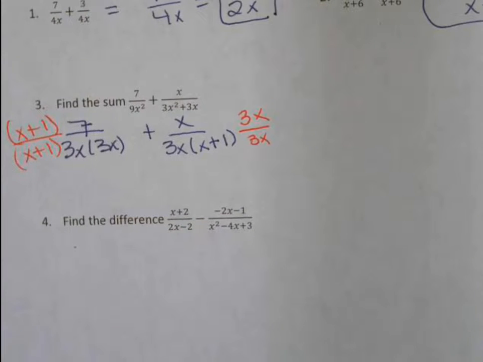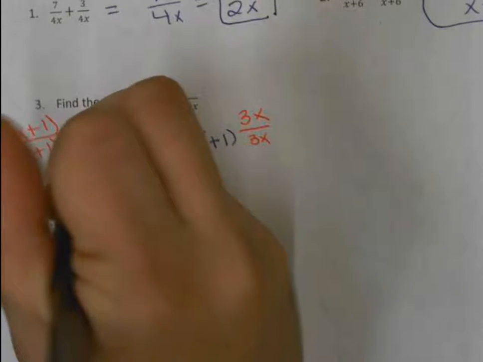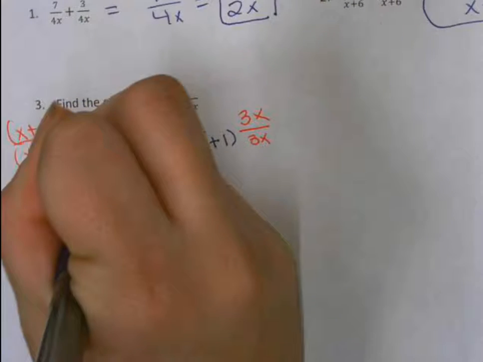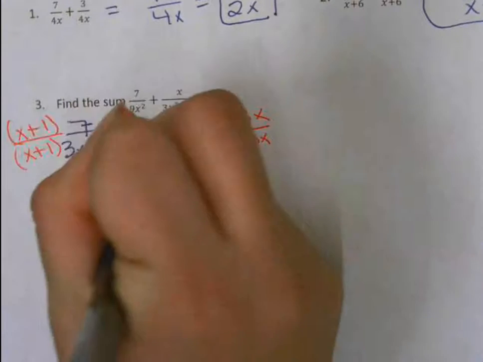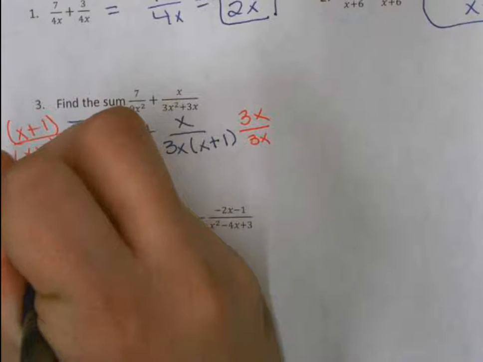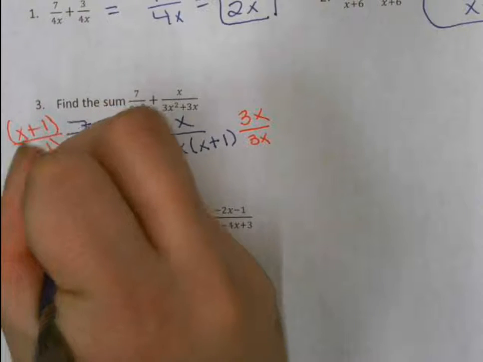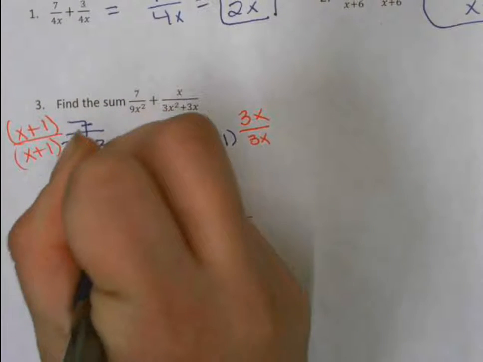Okay. Then for these ones, it's going to be kind of weird. I'm going to multiply straight across on my numerators and distribute, but on the denominators, I'm going to leave them factored. So I'm going to have 7x plus 7 on the top of the first one, and then I'm going to write 3x, x plus 1.